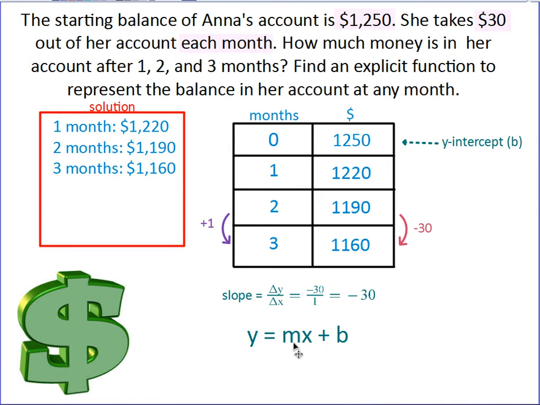And I'm going to plug that slope in for m and $1,250 in for b, or my y-intercept, and I get f of x equals -30x plus $1,250, where x, of course, represents the number of months that have passed. Notice I wrote it in function notation because we're asked to find an explicit function. Make sure to pay attention to detail.